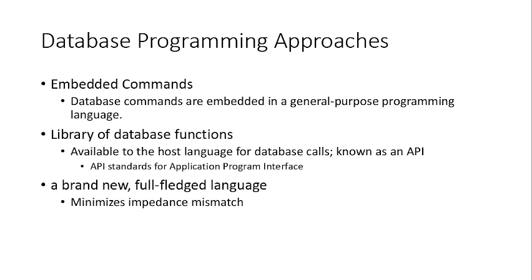For example, there could be functions to connect to a database, prepare a query, execute a query, or execute an update, loop over the query result one record at a time, and so on. The actual query and update commands and any other necessary information are included as parameters in the function call. This approach provides what is known as the API, or application programming interface.